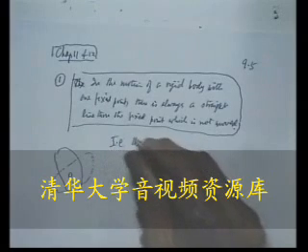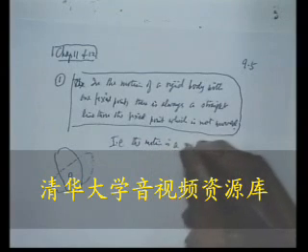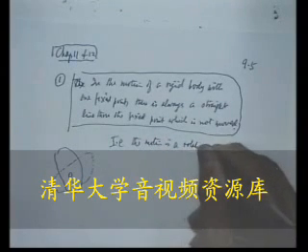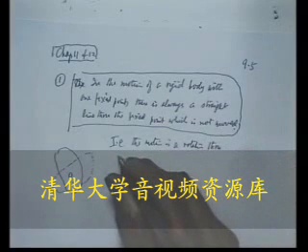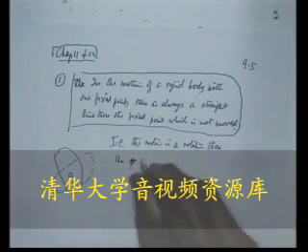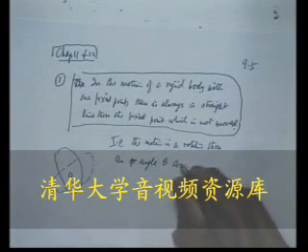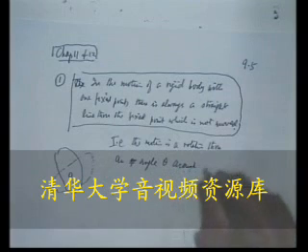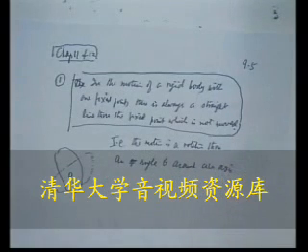The motion is a rotation through an angle theta around an axis. That line which is not moved is called the axis.